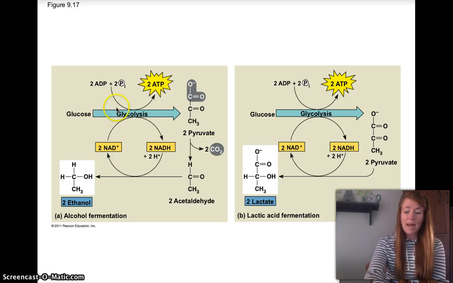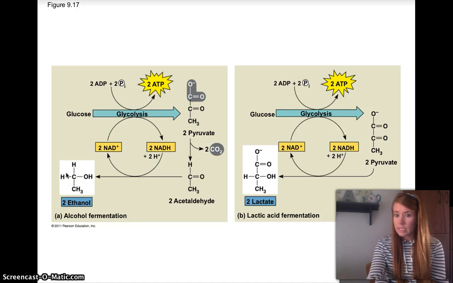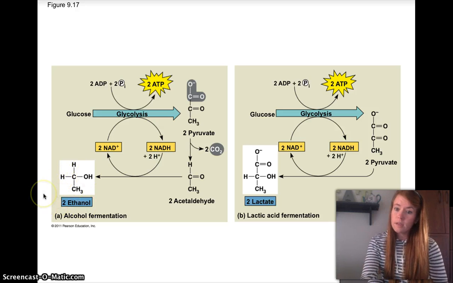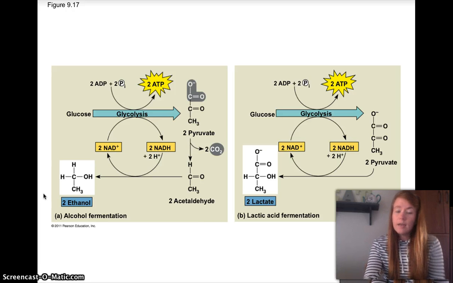And now it can go back into glycolysis and happen over and over again. And acetaldehyde is reduced to ethanol, which is the alcohol that you drink if you are consuming alcohol. So this process is actually how alcohol is made, by alcoholic fermentation. And then this is released as a waste product. Alcohol is actually a waste made by yeast, usually.